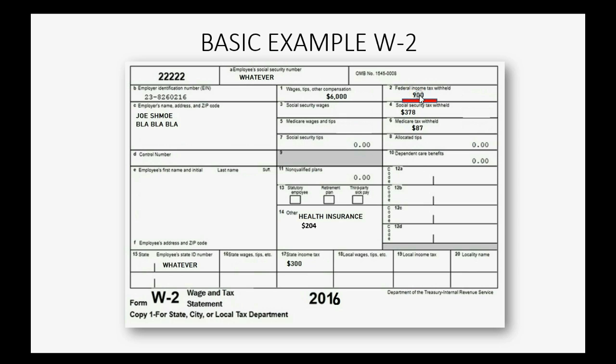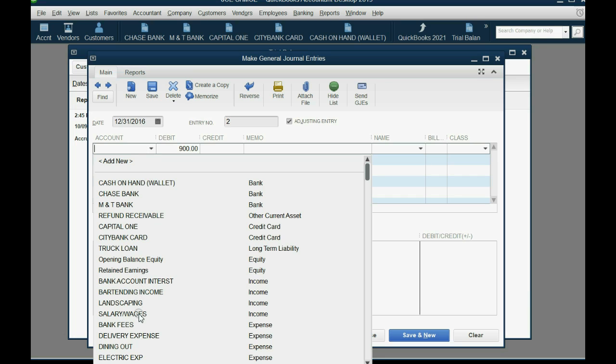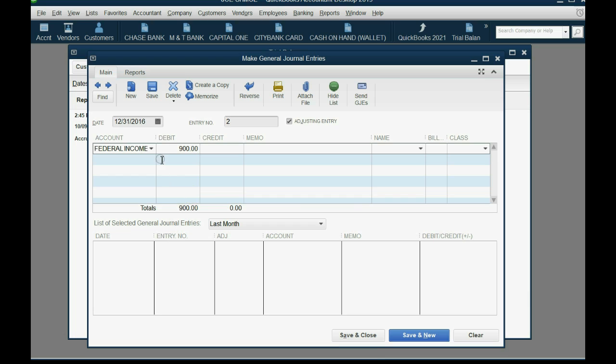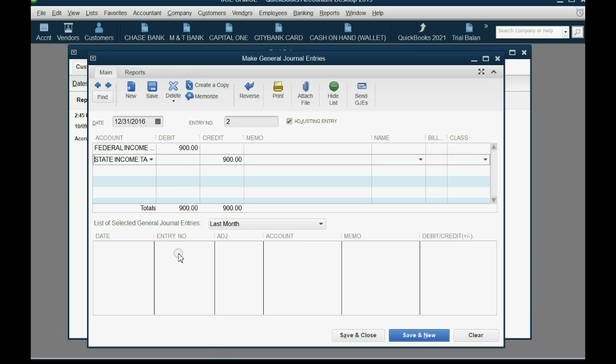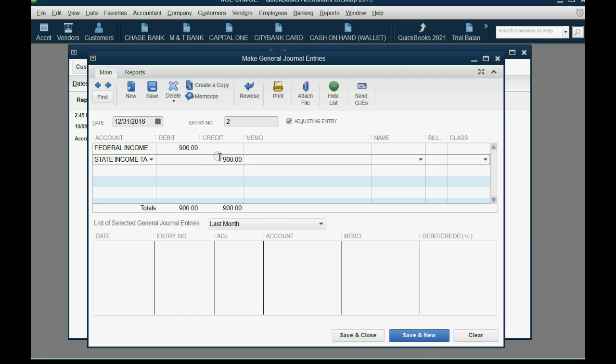Federal income tax withheld is $900, so it's normally on the debit side, so we make a debit to acknowledge the amount of tax withheld, and that's federal tax withheld. What about state income tax withheld? Well, the W-2 indicates that the state income tax withheld was $300. So we make it a debit of $300.